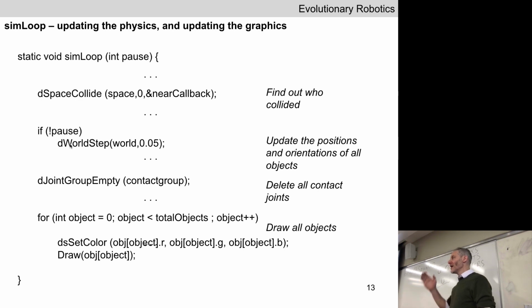Every physics engine will then step the world, and step the world is shorthand for go to each object, look at all of the linear and rotational forces acting on that object, update that object's linear and rotational acceleration, and use those linear and rotational accelerations to update the position and orientation of that object. Then go to the next object, do the same thing, and do that for each object in the simulation, which steps the world. What's 0.05 here, do you think?